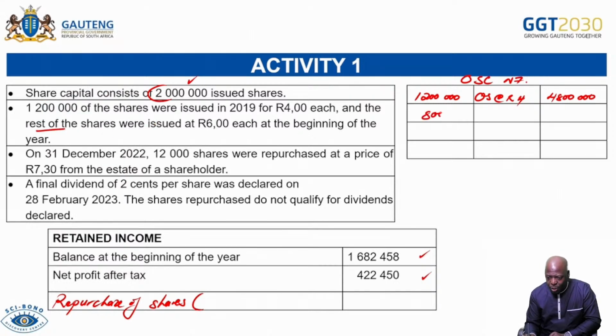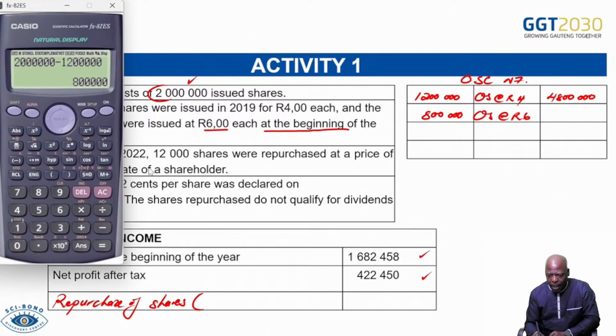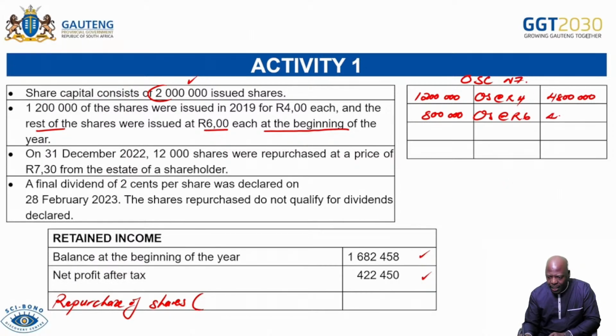So 800,000 shares were issued now, at the beginning of the year, at 6 rand. These are ordinary shares issued at 6 rand, and that will give me 4.8 million.